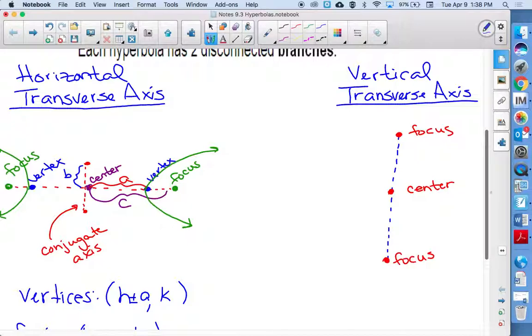And from the center to one focus is still C. And then we have a vertex somewhere between the center and the focus, the same distance above and below. And that's A.